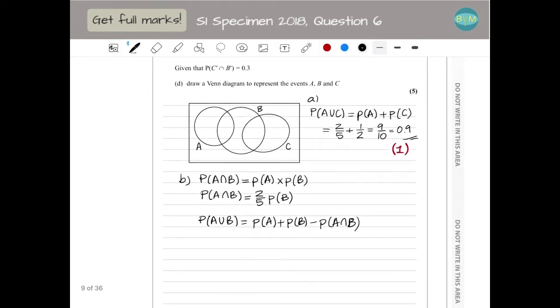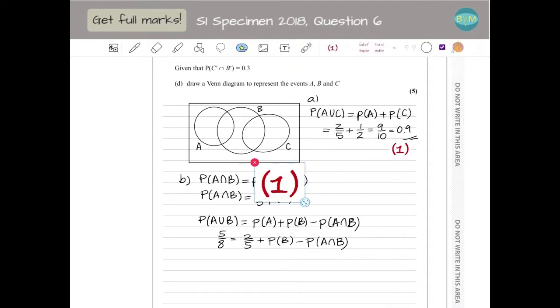So I have 5/8 is probability of A, which was 2/5, plus probability of B, which is what I need, minus probability of A intersection B. So you have one equation here with two unknowns, and one equation here with the same two unknowns. We can consider these like simultaneous equations.